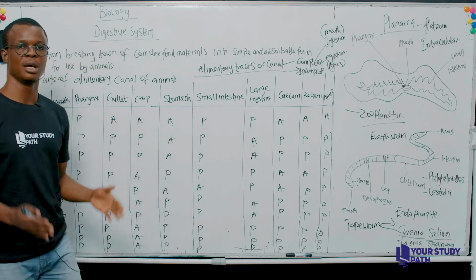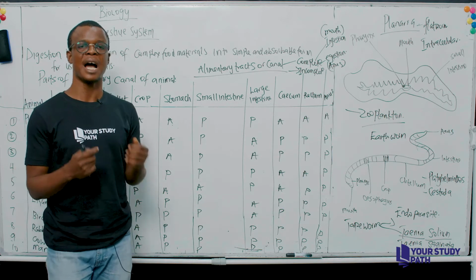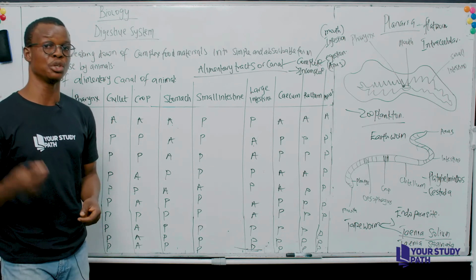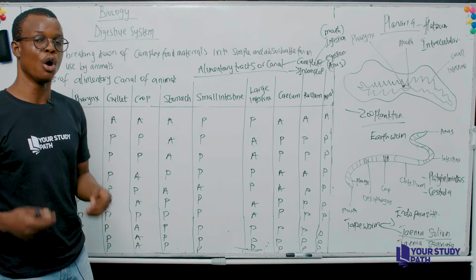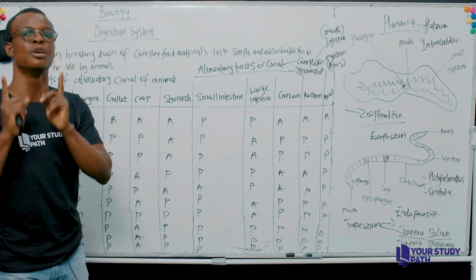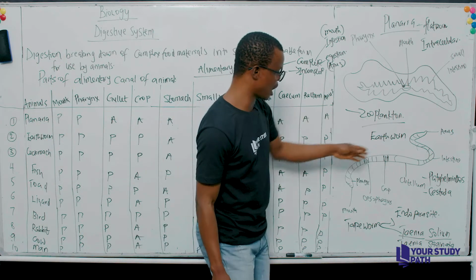That means it has the mouth that is responsible for ingestion of food. Then it also has the anus that is responsible for release of undigested food material. Now, this is the earthworm diagram on the board.